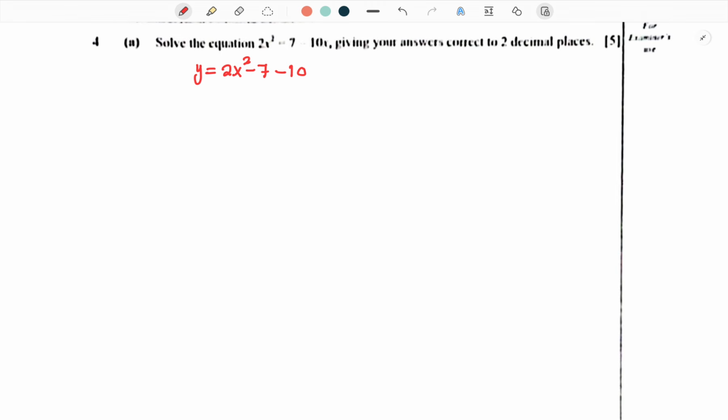I can't see properly, so let me check it from a past paper. And of course, we wrote it correctly.